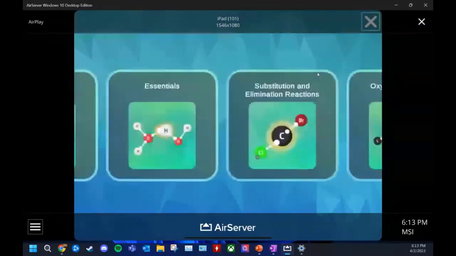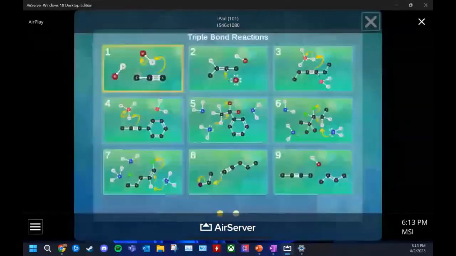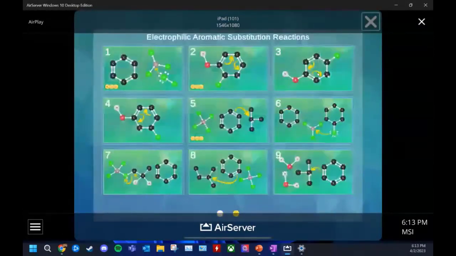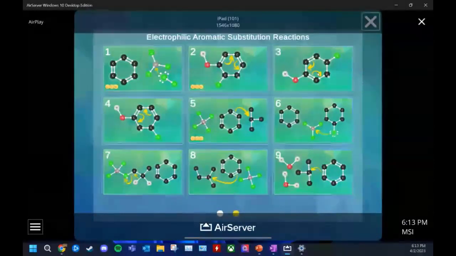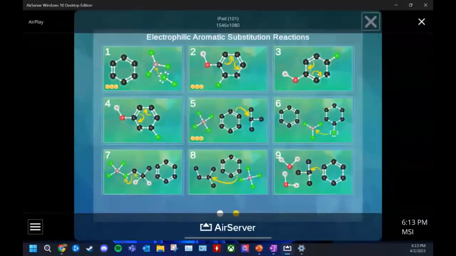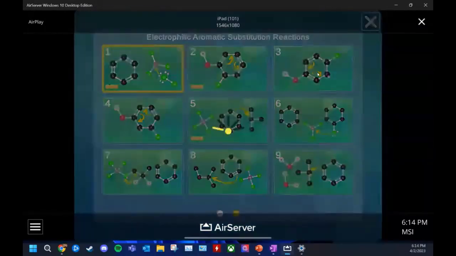It's kind of like a little game, but if we go on to the electrophilic reactions, it kind of tells you how these mechanisms work, and it's like a puzzle basically. It's called Mechanisms, right? It is not free, but there's a free version, I would say.